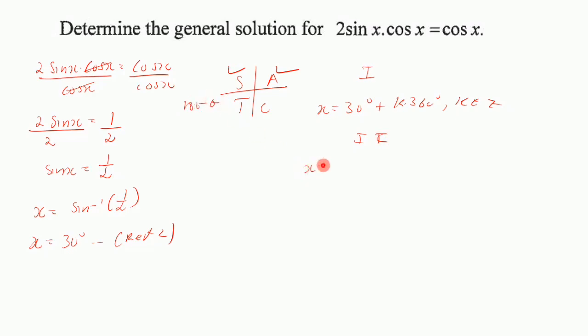So we have x is equals to 180 degrees minus our reference angle of 30 degrees, and then plus k 360 degrees. So 180 minus 30 is 150 degrees, and then plus k 360 degrees, and we say k is an element of integers. Then you are done with your general solutions.